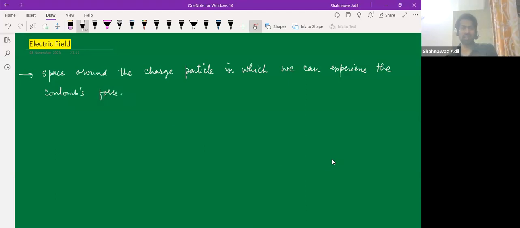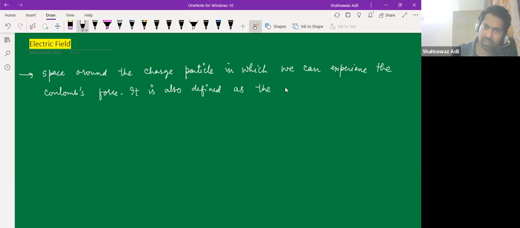And it is also defined as the force per unit charge, right? So it is defined like that.